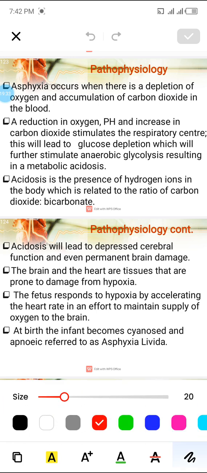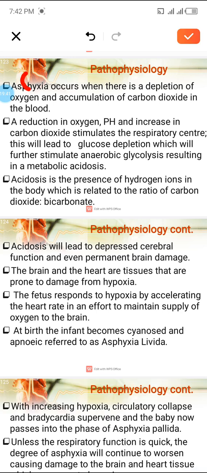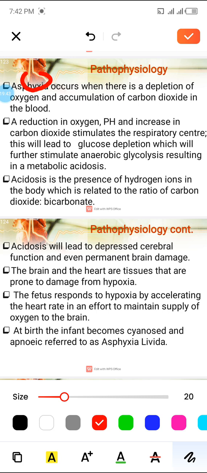So let's look at now what happens. Since we're dealing with oxygenation and the issue of carbon dioxide, let's say in asphyxia, that's the first thing we're looking at, a depletion. So what depletes or what goes down? What goes down is oxygen.